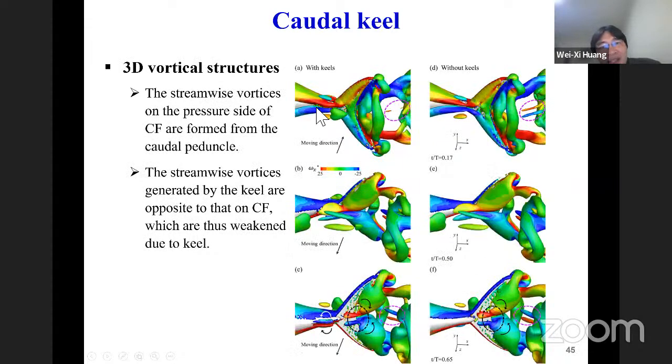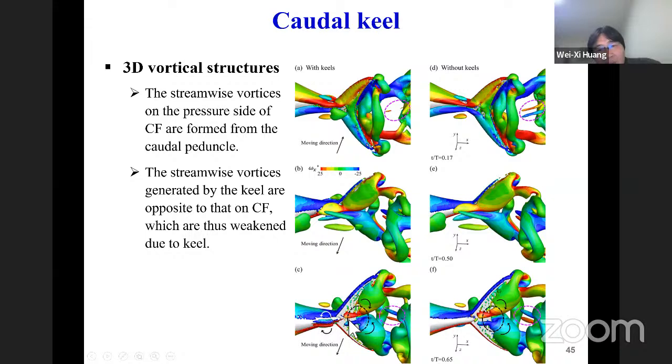Here we can see the 3D vortical structures. Here there is a pair of vortices generated by the peduncle. And with the caudal keel, it generates a pair of vortices which are opposite to this one.